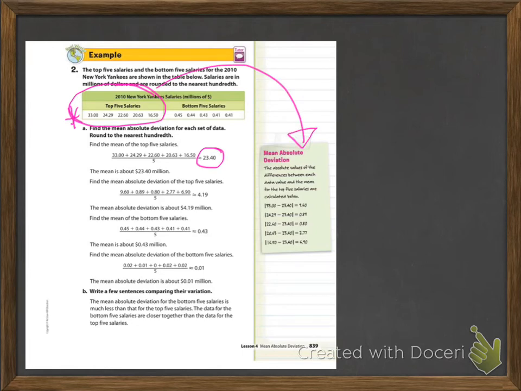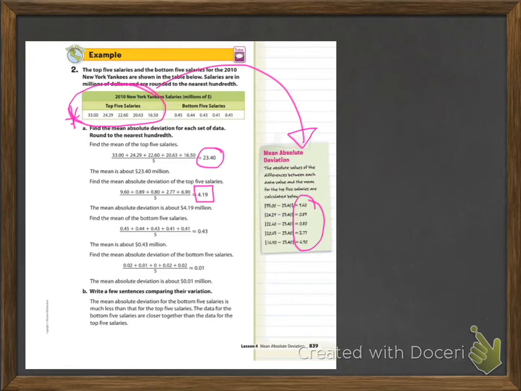Then they added up all those numbers, and they ended up getting a mean absolute deviation of 4.19. Remember, this is millions of dollars for the top salaries.